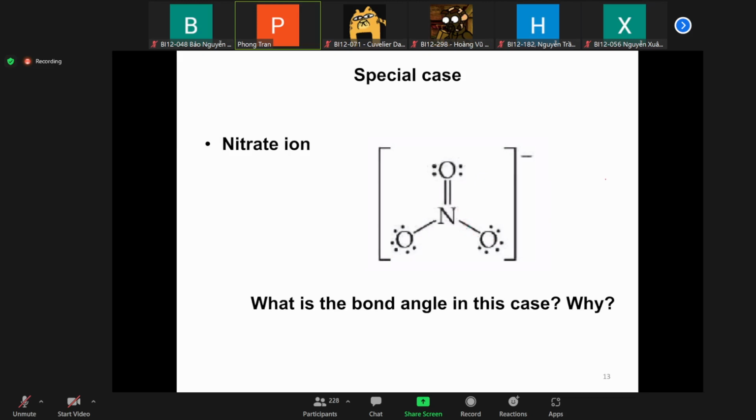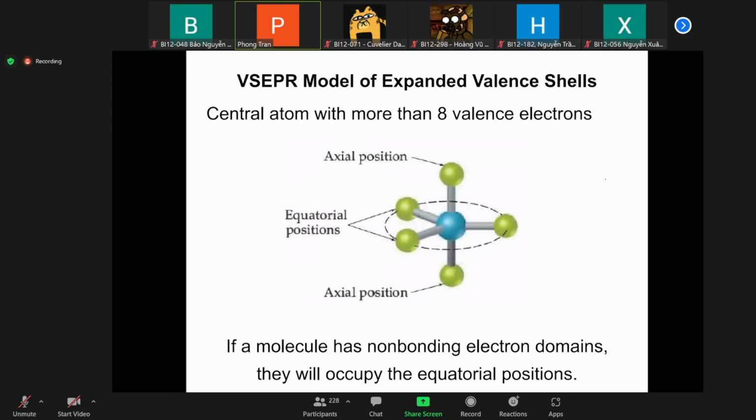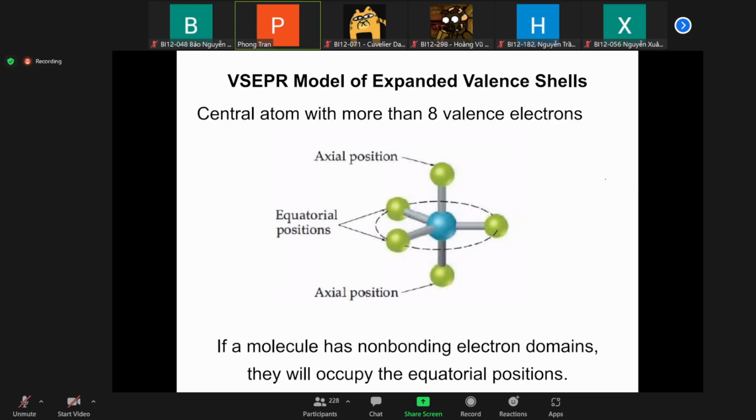Now, we talk about the central atom which follows the octet rule. That means it has a maximum of 8 electrons in the valence shell. That's correct for the first and the second row of elements in the periodic table. When you move to the third row, you start to have D orbitals in the atom.